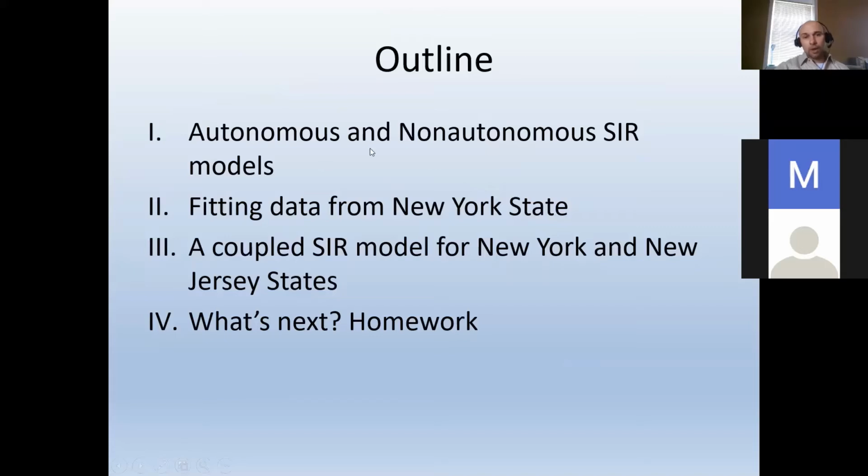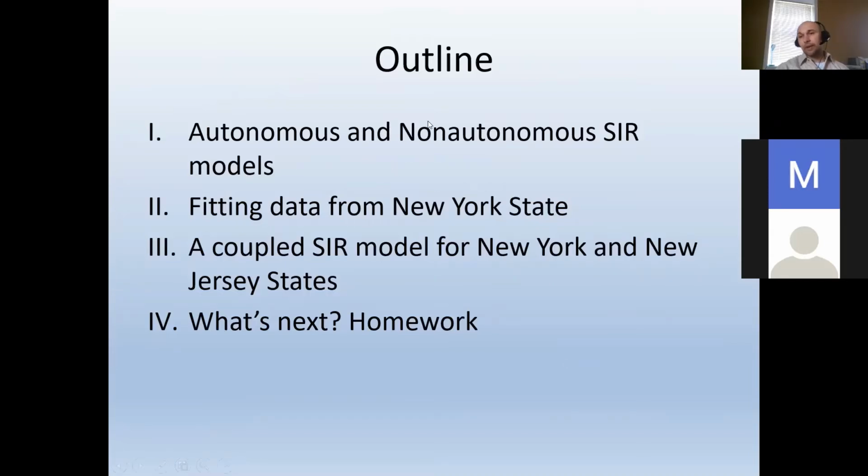And now this is the outline. So first, I will discuss the simplest SIR model, which is autonomous, and then I will introduce the non-autonomous one, and I will say why it is relevant to take a non-autonomous model.